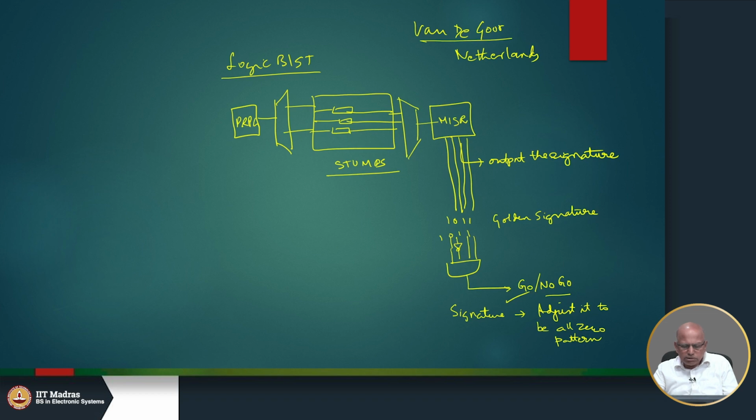While we can do all this, as I explained to you in a previous class, the advantage of logic based is it eliminates the need for a tester. It increases the cost a little bit because now we have to include the PRPG, MISR, all these phase shifters, etc. Earlier, these were coming from the tester, and these are also going to the tester.